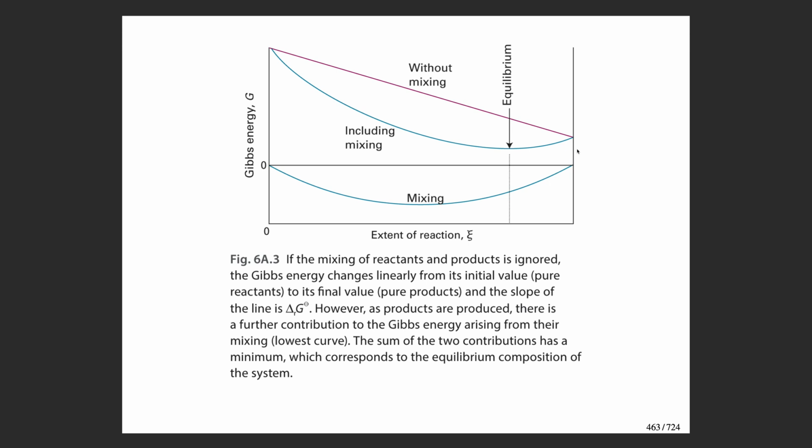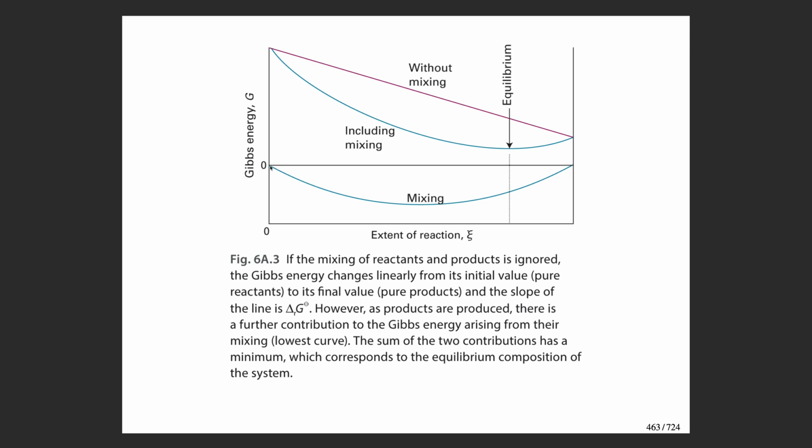And as we know, spontaneous processes tend to increase the entropy of the system. So what's being plotted right here is just a very simple model of what it's like to mix things together. So you'll notice that the curve bottoms out right at the halfway point.